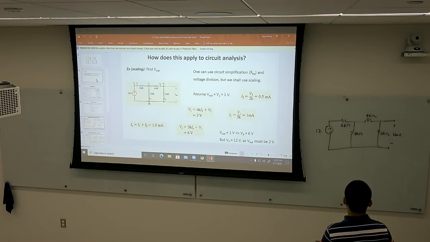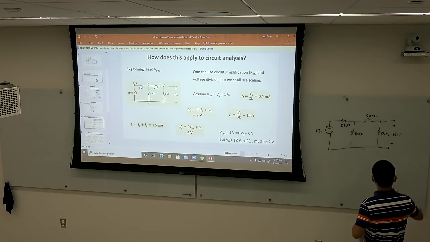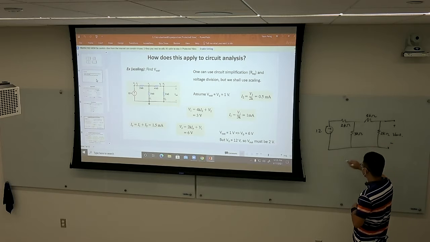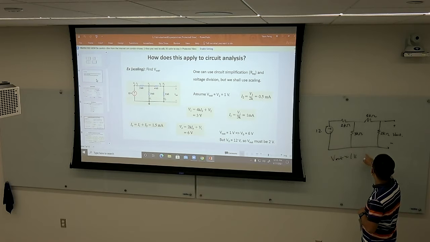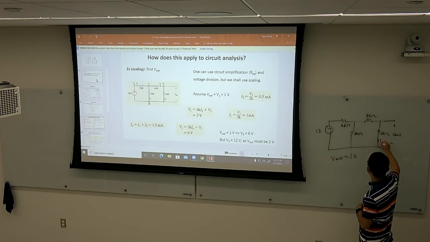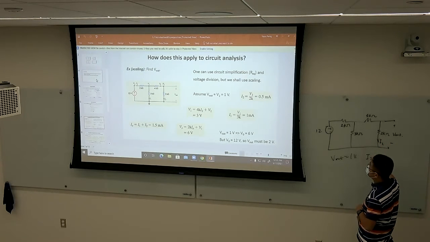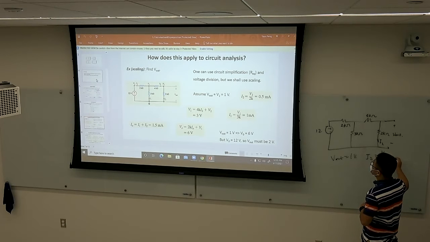Okay, let's take a look at this circuit. First, we assume that our Vout equals 1 volt. Once we have the Vout, we can obtain the current I2, which is Vout over 2K, which is 0.5 milliampere.